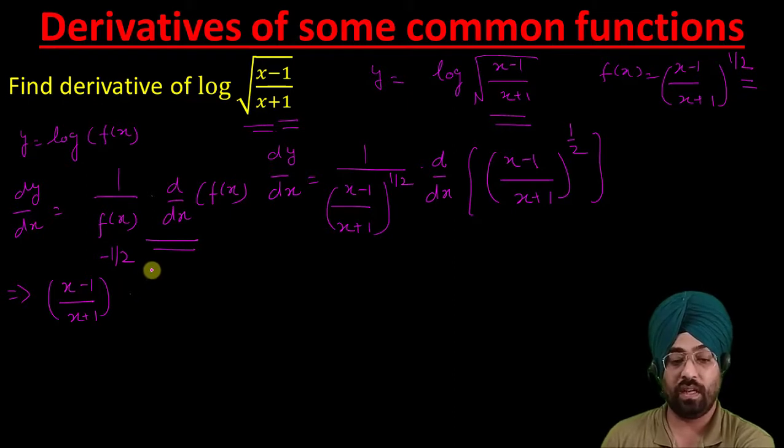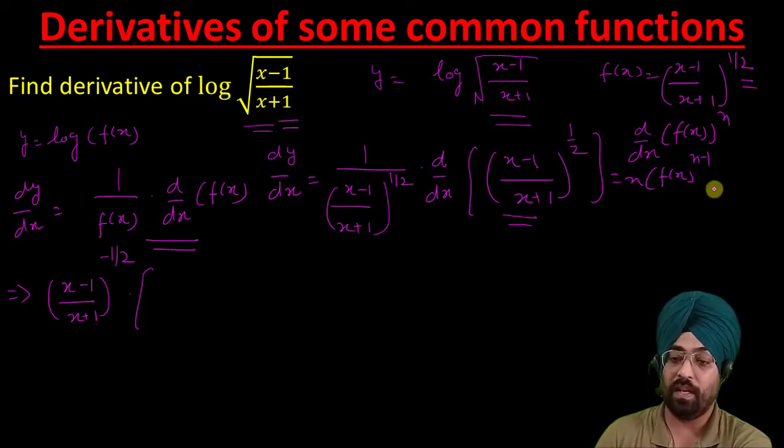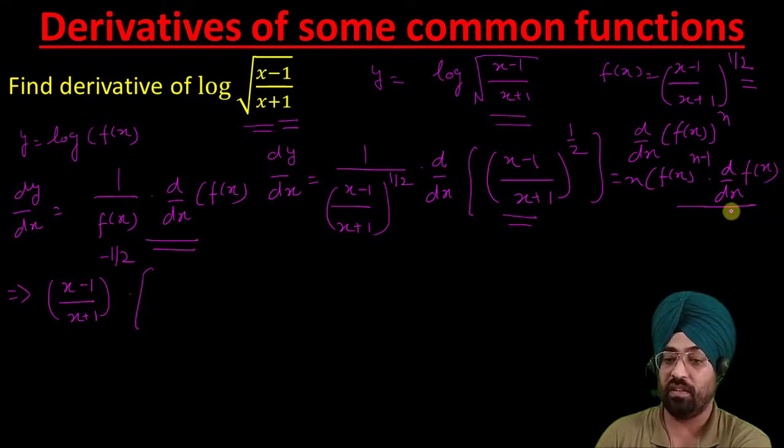Derivative of this I will do. Again here we will apply dy by dx of f of x raised to the power n, which is n times f of x raised to the power n minus 1 times dy by dx of f of x.